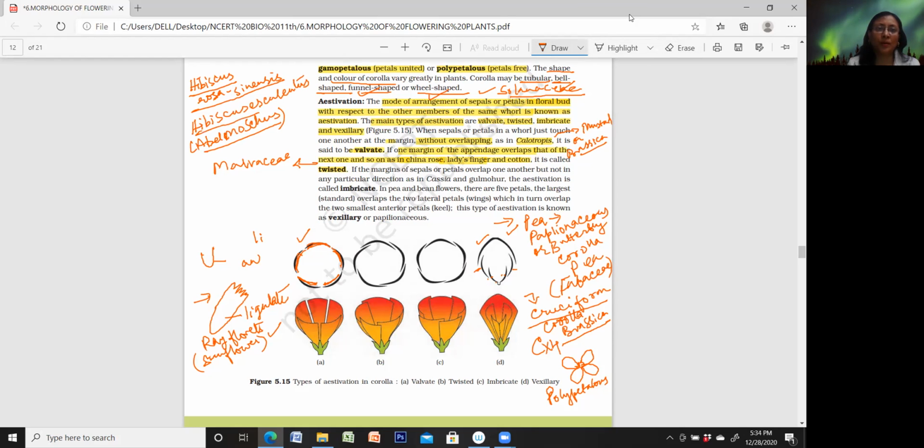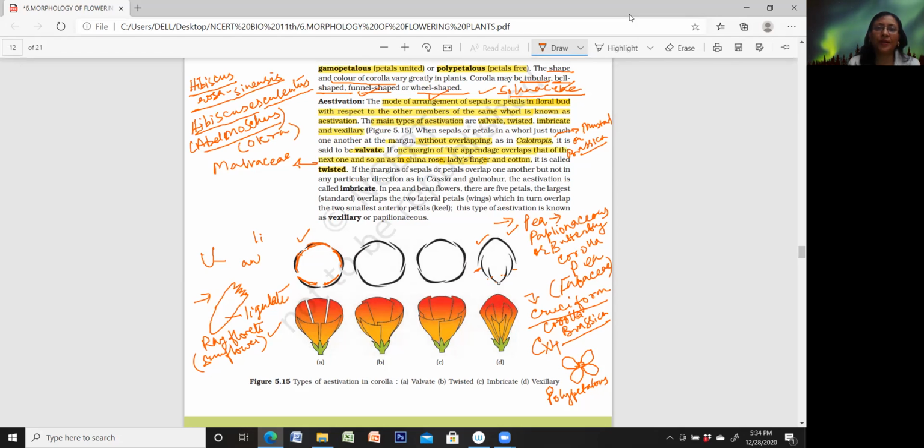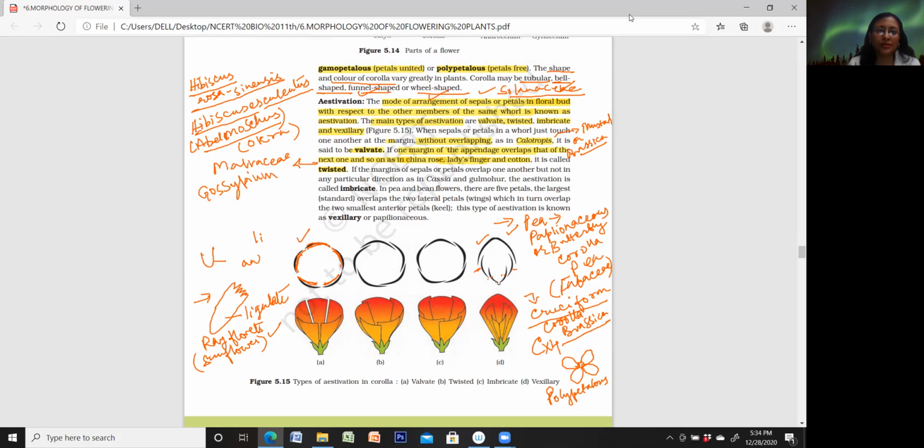This is for okra, that is bhindi. Lady's finger is also called okra. Then you have one more, cotton, Gossypium. Different species are there. So these all three are Malvaceae. So this is the family.